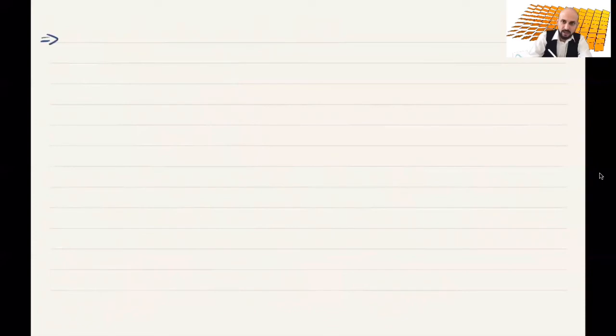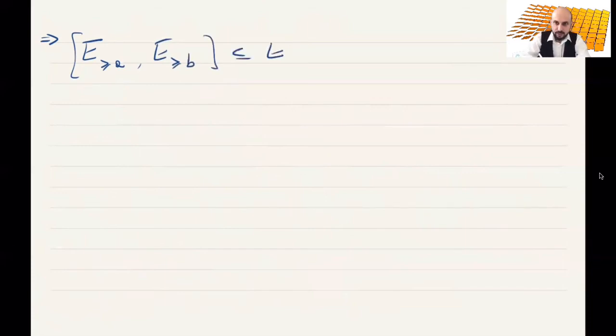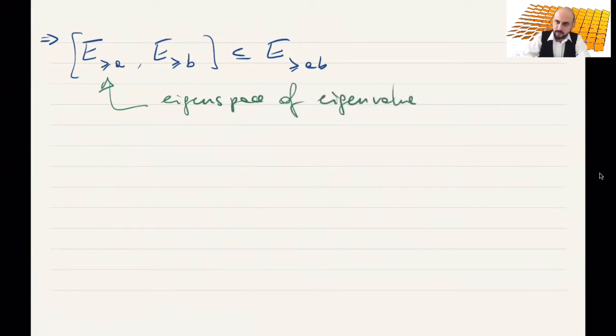If you take the eigenspace of eigenvalue greater than or equal to a, and the eigenspace of eigenvalue greater than or equal to b, then the bracket is going to be in the eigenspace of eigenvalue greater than or equal to a b.